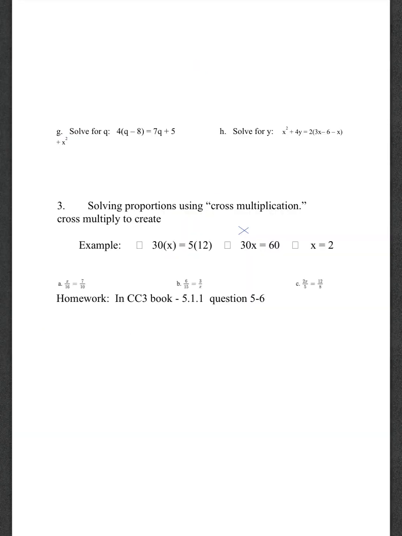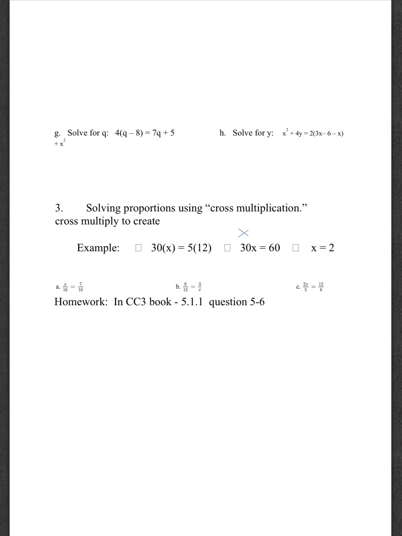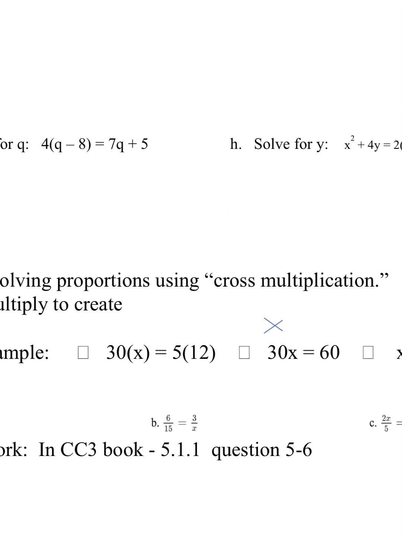Oops, what happened here? Here we're solving for Q. Let me lock this first. Lock rotation, okay. All right. So I'm going to make it bigger so you can see.